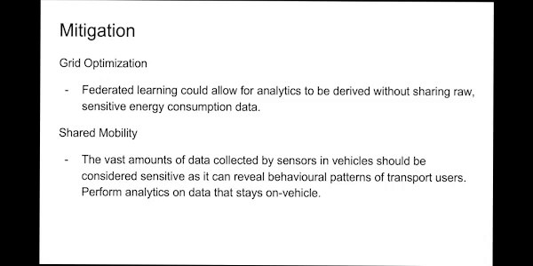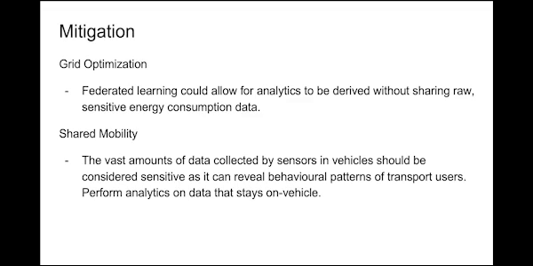The first solution would be grid optimization. Federated learning could allow analytics to be derived without sharing raw sensitive energy consumption data. So the electricity grid could be one area that could be looked into using federated learning.